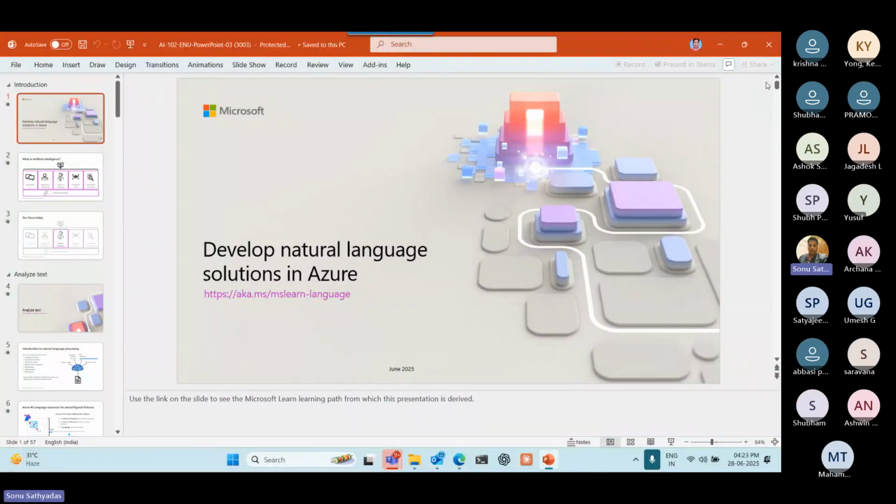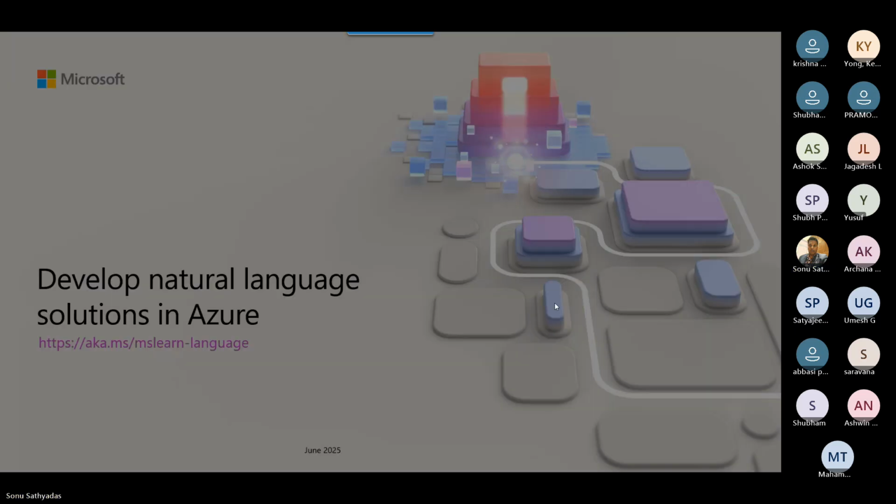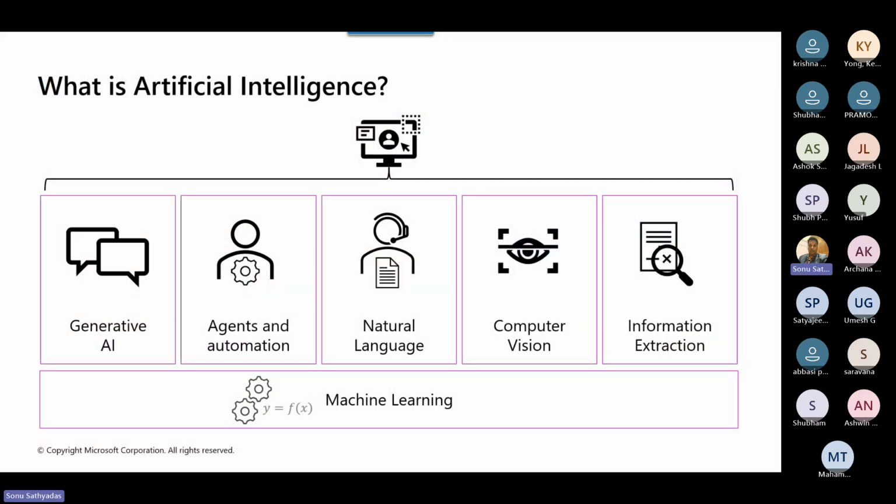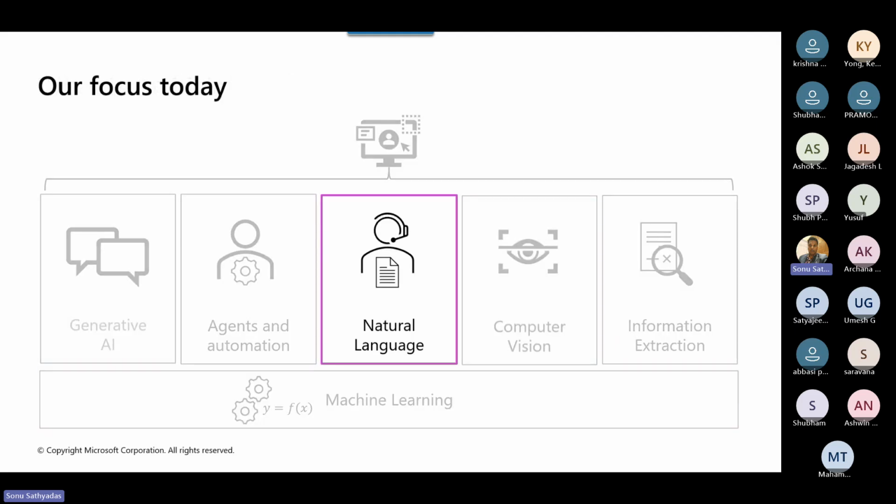Okay, so this is a very lengthy module, but we'll see a couple of topics. We have discussed various AI services in the beginning. One of the AI service categories is natural language processing.